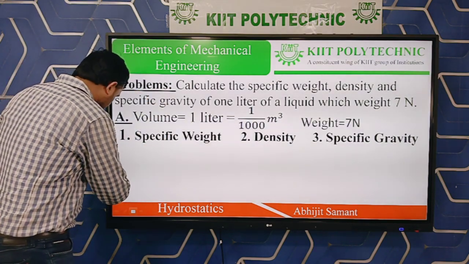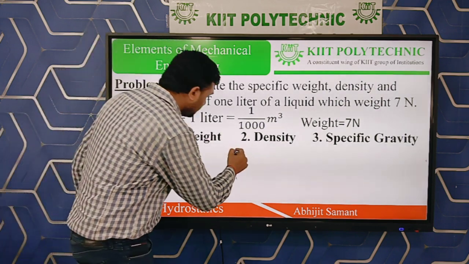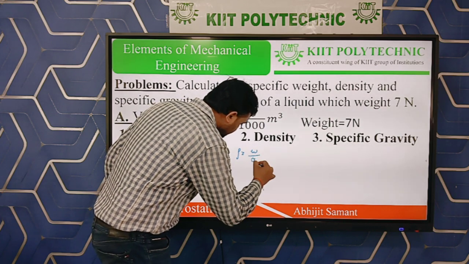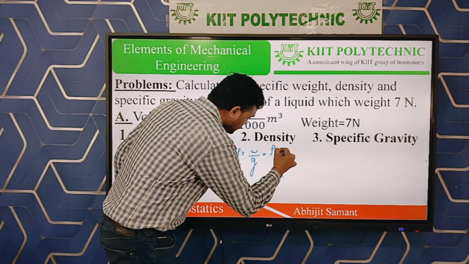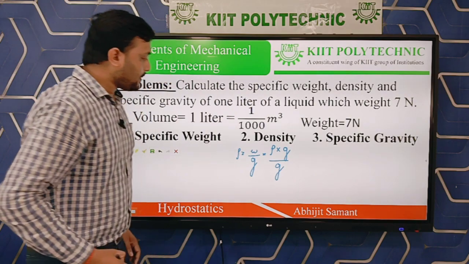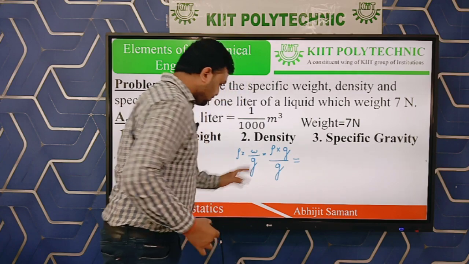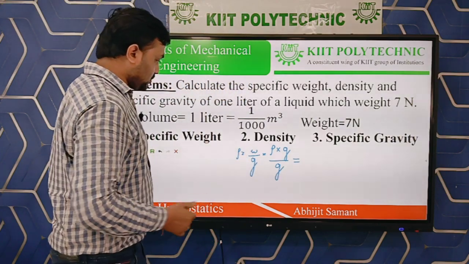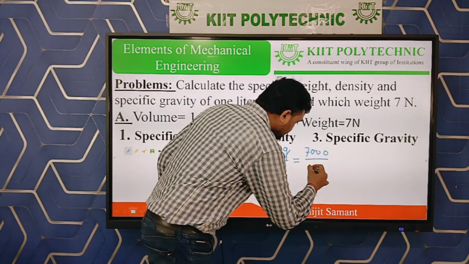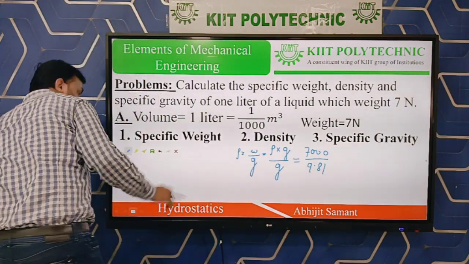So density equals W divided by g, which is rho into g divided by g. We know the specific weight value here, which is 7000, divided by g, which is 9.81.